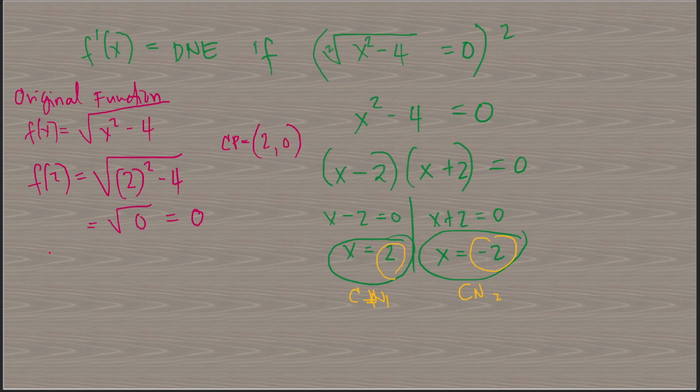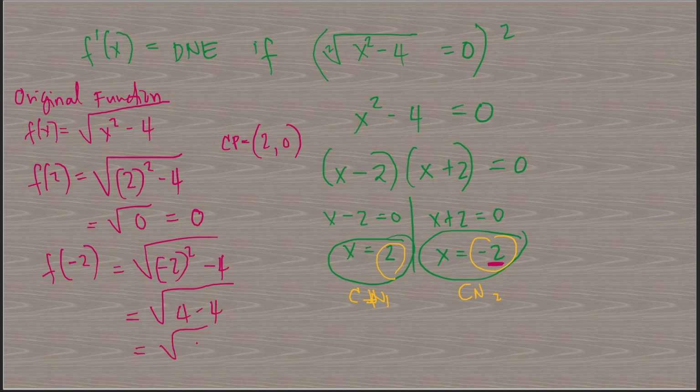The second critical number is negative 2. So I will find the square root of negative 2 squared minus 4, in which negative 2 times negative 2 is 4, minus 4, and this is the square root of 0, which is 0. So the second critical point is (negative 2, 0).